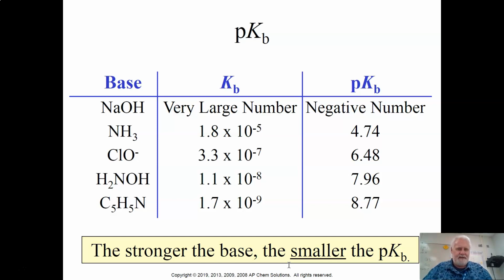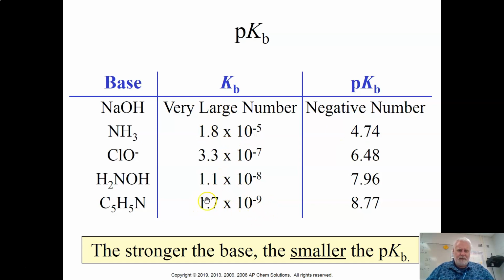And of course, bases are the same way. Again, so strong, we're not even going to do numbers for it. But if you look, these bases, the stronger the base, the smaller the pKb value. So these smaller values here would indicate a stronger base. So it's opposite of what you have here.